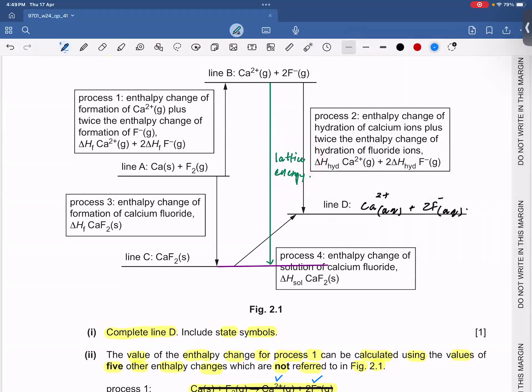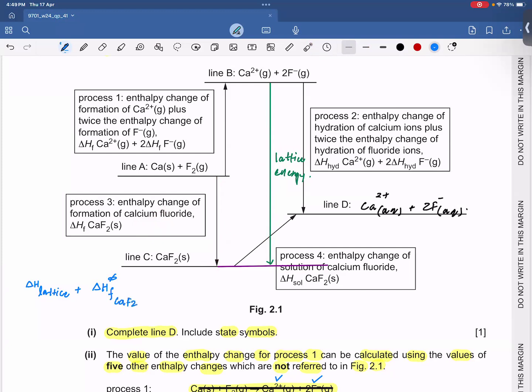Lattice energy is equal to this and this. Since this arrow is downward and this arrow is also downward, I'll take this value as the positive one, standard enthalpy change of formation of calcium fluoride.